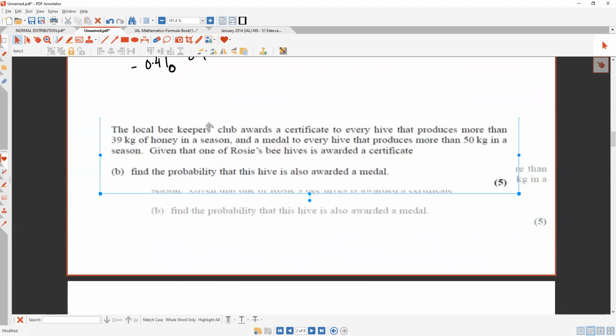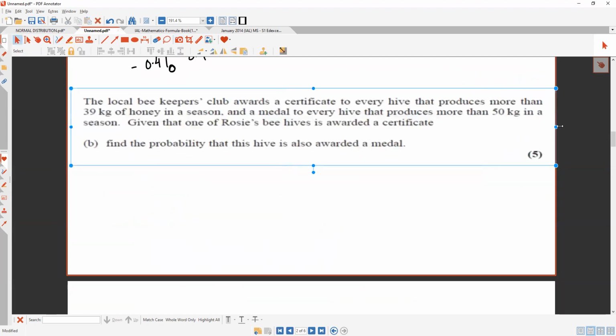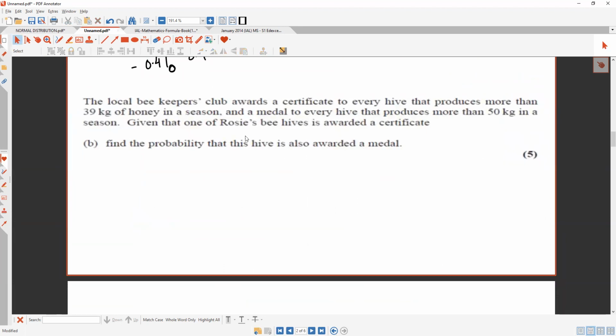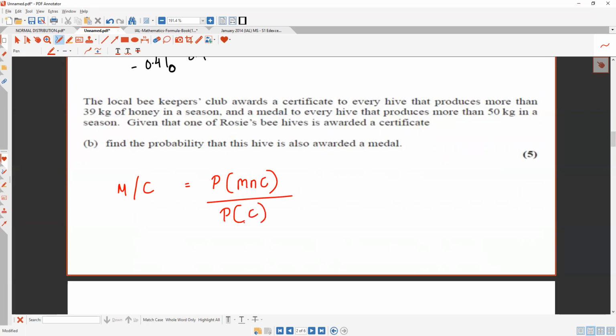Given that Rosie's beehive is awarded a certificate, what is the probability she is getting a medal? So you guys remember: probability of medal intersection certificate divided by probability of certificate. Do you guys remember this? Everyone? Just the given-that concept from your probability chapter?